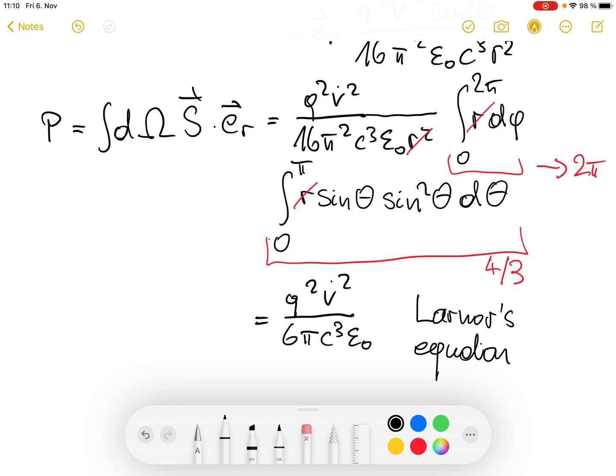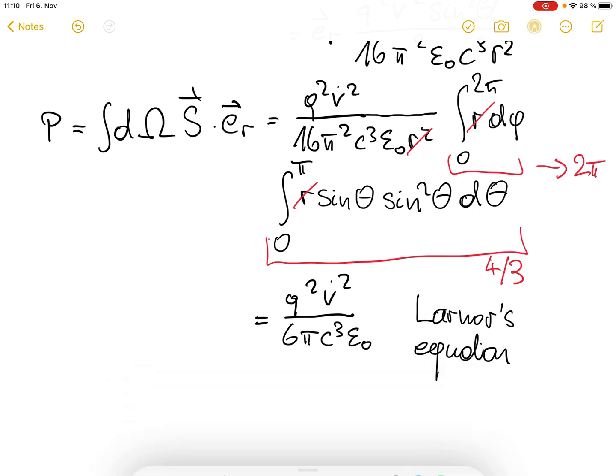It is the total dissipated energy of a charge that is accelerated. Good. It is, however, non-relativistic. Now, we can make it relativistic, and that can be done by a fairly simple trick.